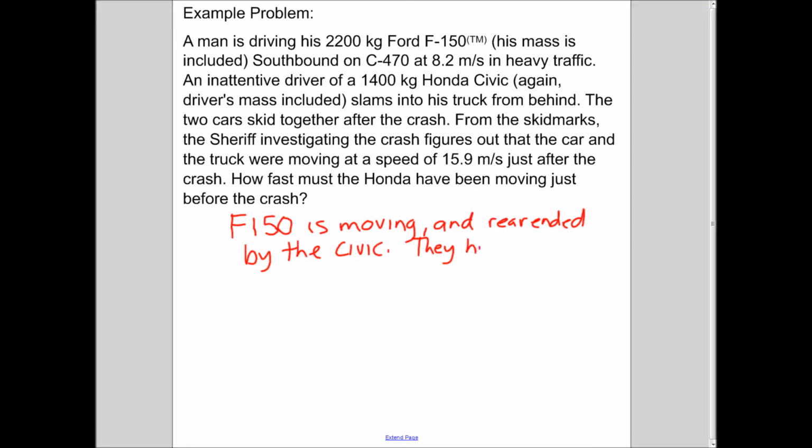They hit and stick afterwards. This problem talks about an inelastic collision where both vehicles had momentum to start off with. So let me go through the solution on how I would do this problem.